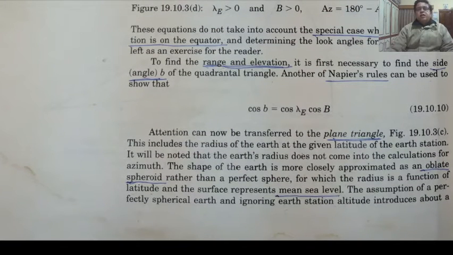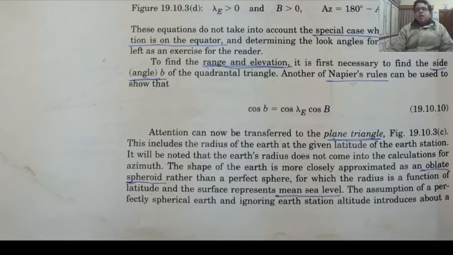To find the range and elevation, it is necessary to find the side b of the quadrantal triangle.